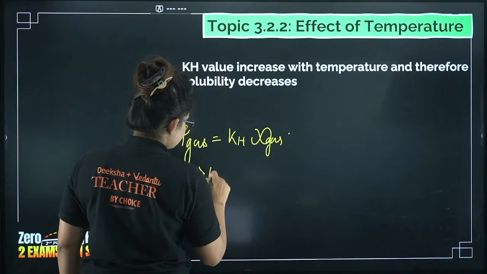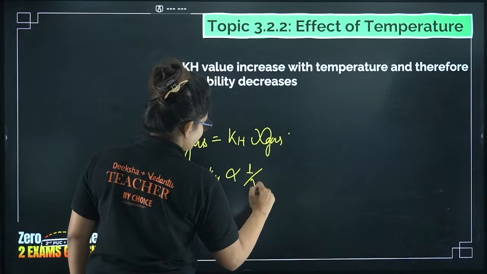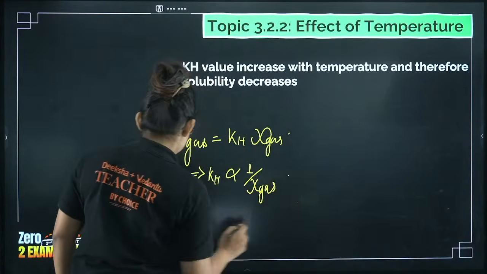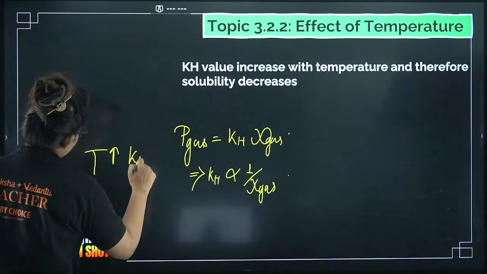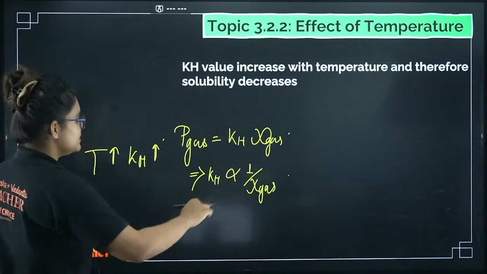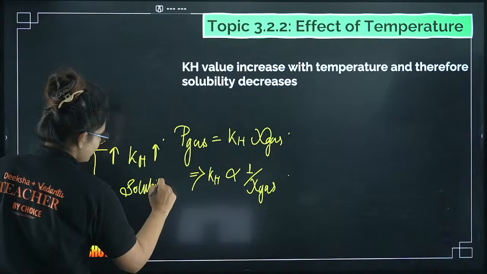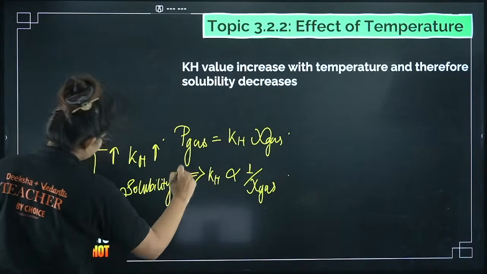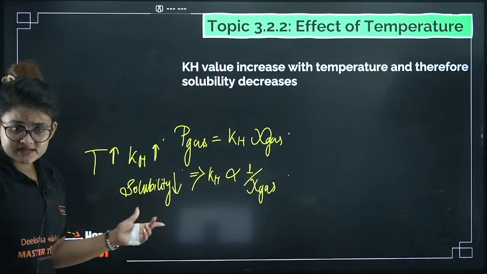So from here you can see kH is inversely proportional to the mole fraction of gas. So if temperature increases, kH increases, and kH and mole fraction are inversely proportional, hence solubility decreases.